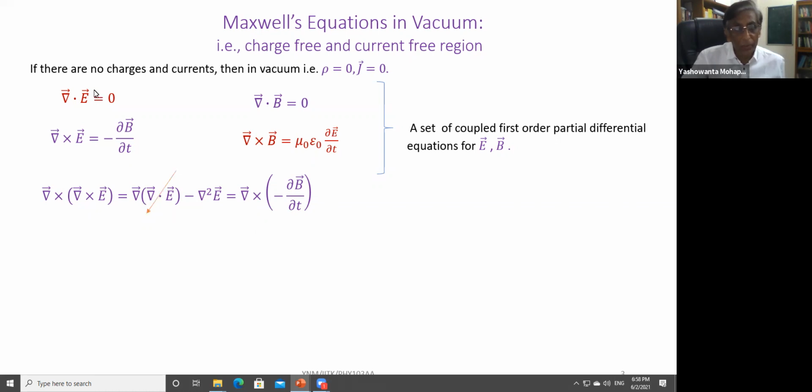Now we know this is the equation. So there is no source charge, and hence the first term is 0. All right. And now this one I can write down.